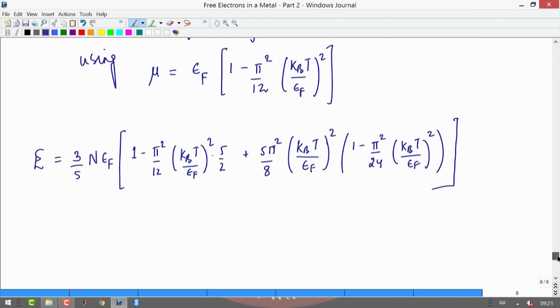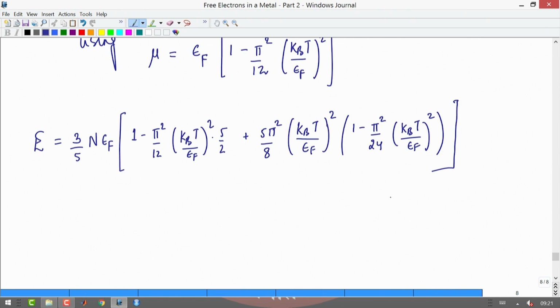So, whatever we have done here is basically we have used the fact that kT over EF is a number that is much smaller than 1, and to linear order the fractional power of 1 minus pi square by 12 into kT by EF square simply reduces to the approximations that we have taken.